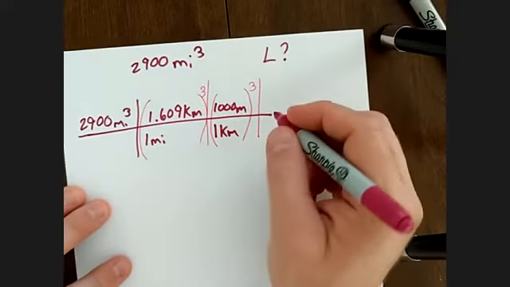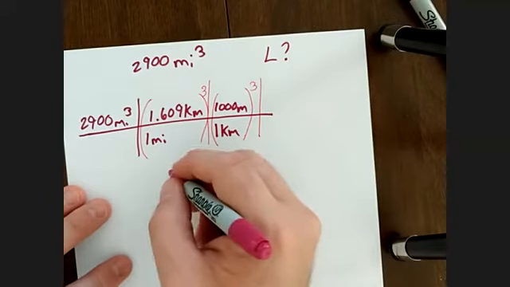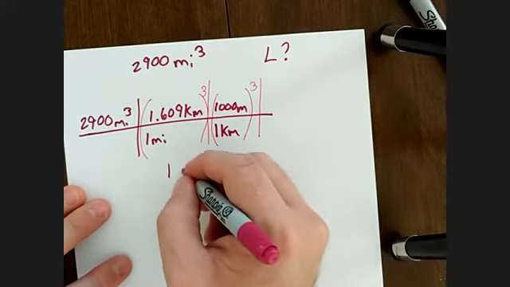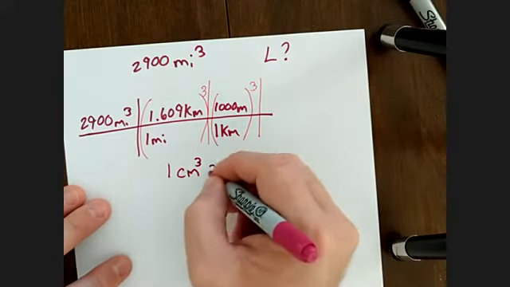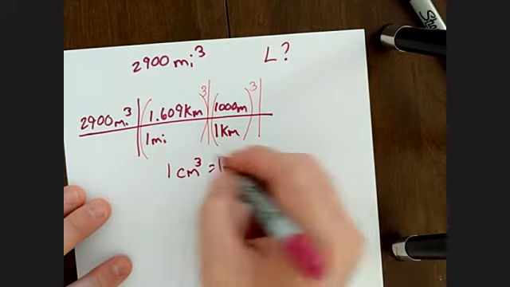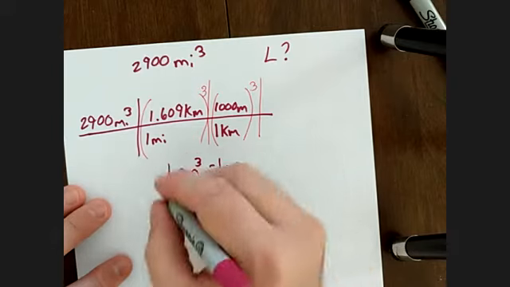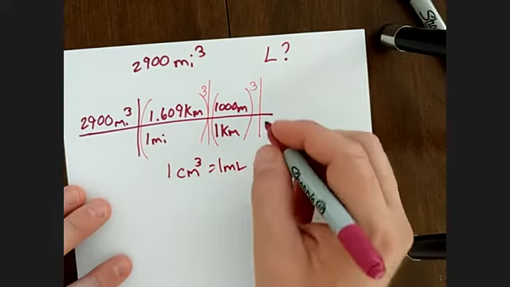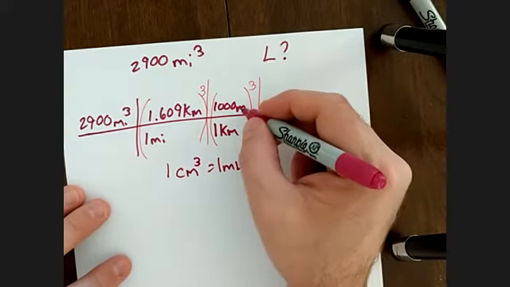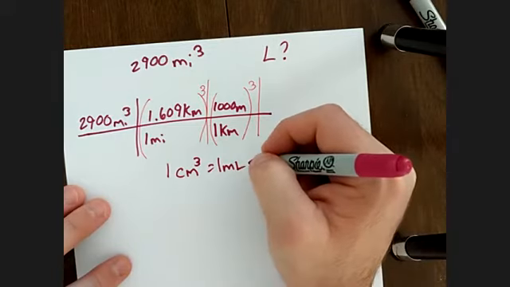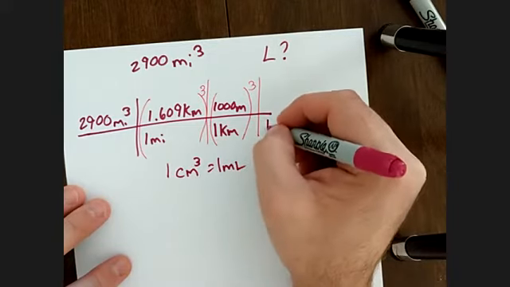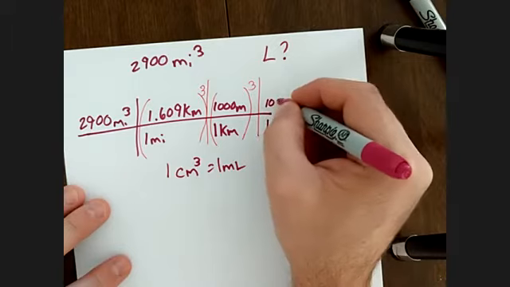Now, generally what we've probably had memorized here is 1 centimeter cubed equals 1 milliliter. So we're kind of trying to drive towards this, because this is where at least we probably have something memorized that we can convert from the dimensional term to the volume term. So in 1 meter, there are 100 centimeters.